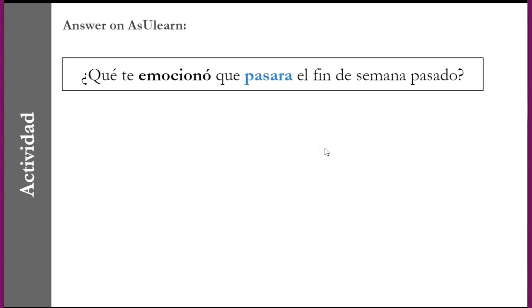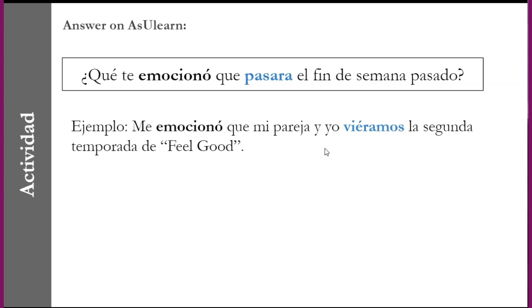¿Qué te emocionó que pasara el fin de semana pasado? What happened last week that made you excited? Me emocionó que mi pareja y yo viéramos la segunda temporada de Feel Good. It made me excited that my partner and I watched the second season of Feel Good.